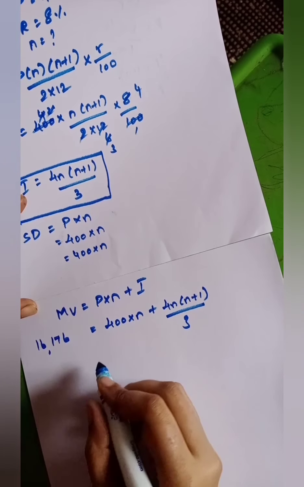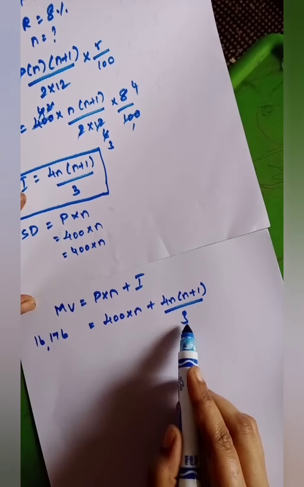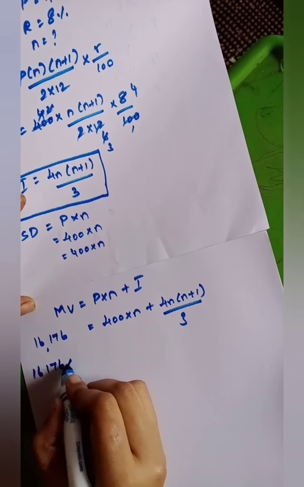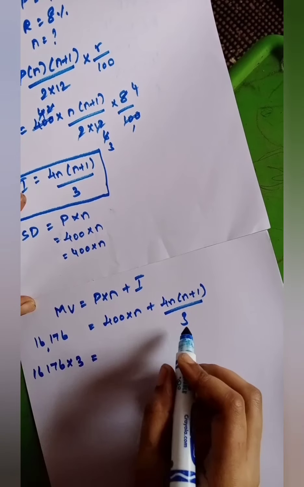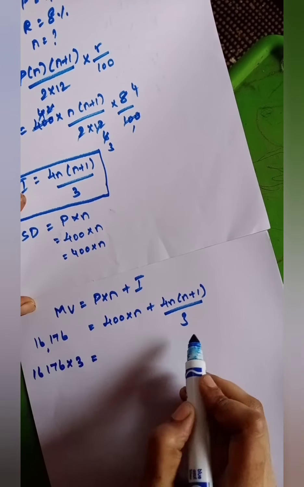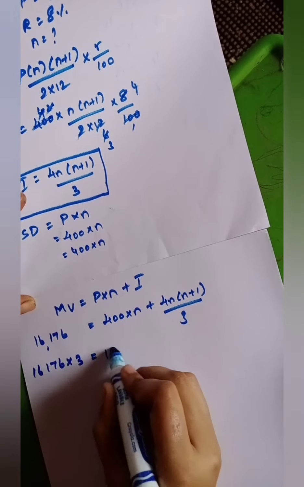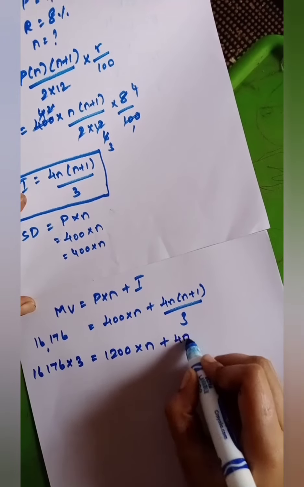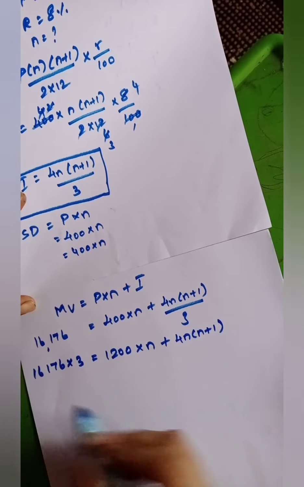That is 16,176. So we have to take this 3 as LCM, that is 16,176 into 3 equal to 400 into 3, that is 1,200 into N plus 4n into n plus 1.